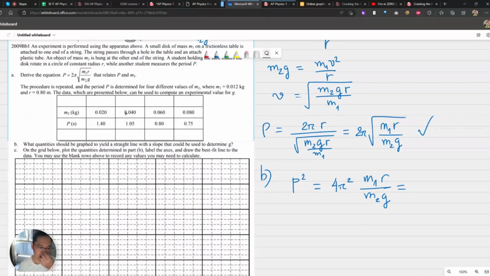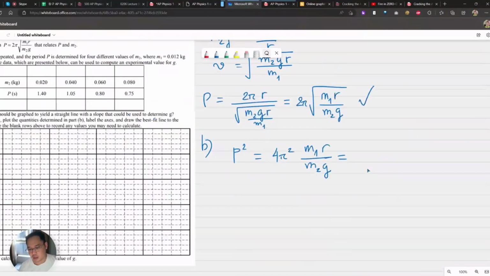M2 is changing. M1 is constant, the radius is constant, everything is constant, and the variable that is changing is m2. And we need to find g. Anyway, we should reverse it.